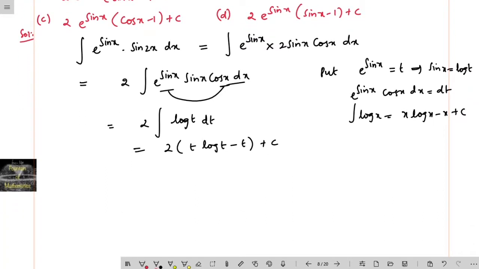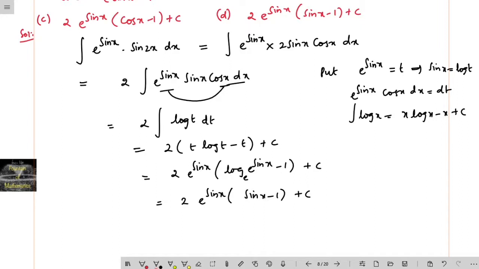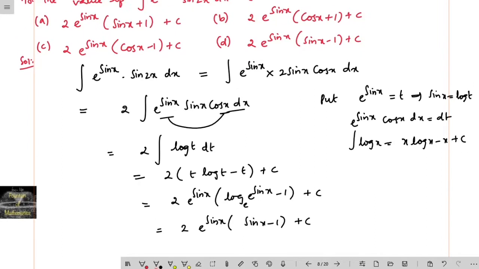Now substitute back what is t here, so I can take out t common, t is nothing but e to the power of sin x I can take common, and here log of e power sin x minus 1 plus c. What is log to the base e means sin x only will get, so 2 e power sin x into sin x minus 1 plus c. So which option? 2 e power sin x into sin x minus 1, it's the option D. So option D is the correct answer.